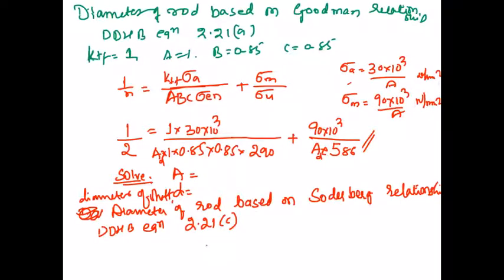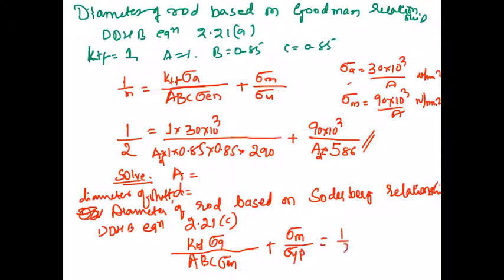So it's the same equation. Again, the equation is K_t F into sigma_a divided by sigma_e, into sigma_En plus sigma_m divided by sigma_yp.